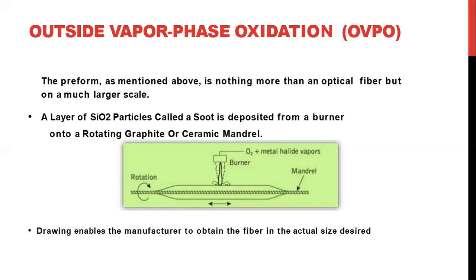Now initially, we will see outside vapor deposition. Outside vapor deposition is a process where the silica soot is deposited on the surface of a target rod rather than inside a tube as with MCVD, that is modified chemical vapor deposition, which we will discuss next.